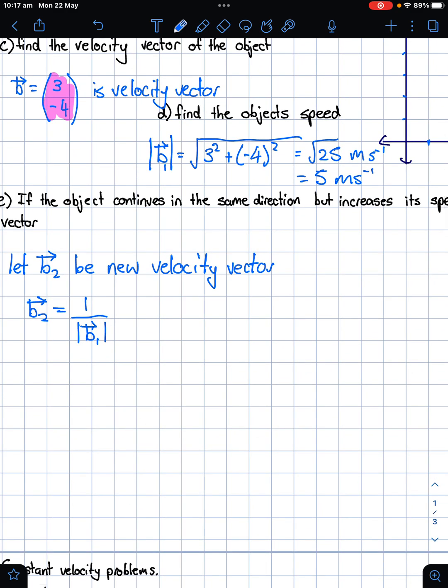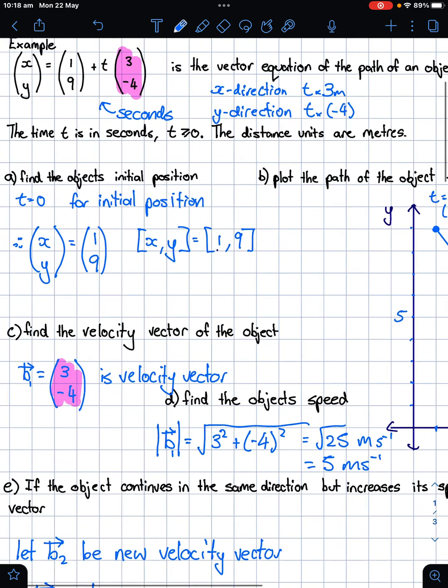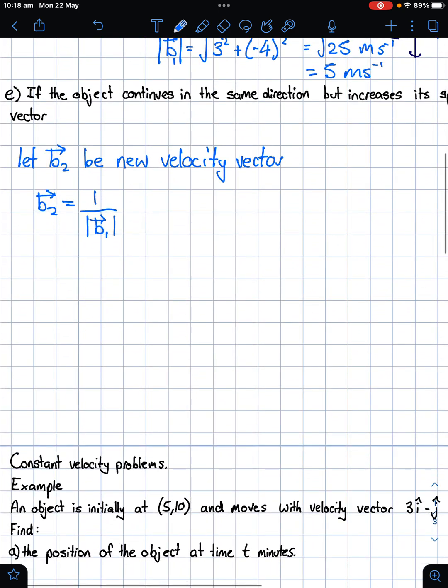Remember, this one here is 1. Do we have it labelled anywhere else? No. So 1 over B1 times by B1. I'm going to move this out a little bit.